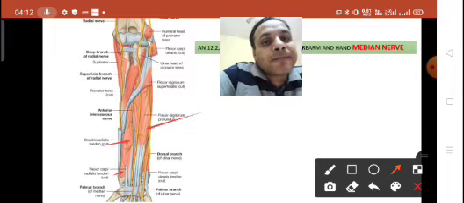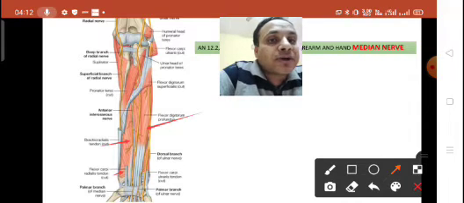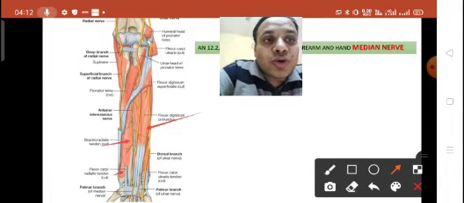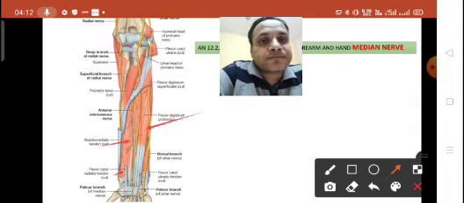It supplies the flexor pollicis longus muscle, and also the pronator quadratus muscle, and also the lateral half of flexor digitorum profundus muscle.